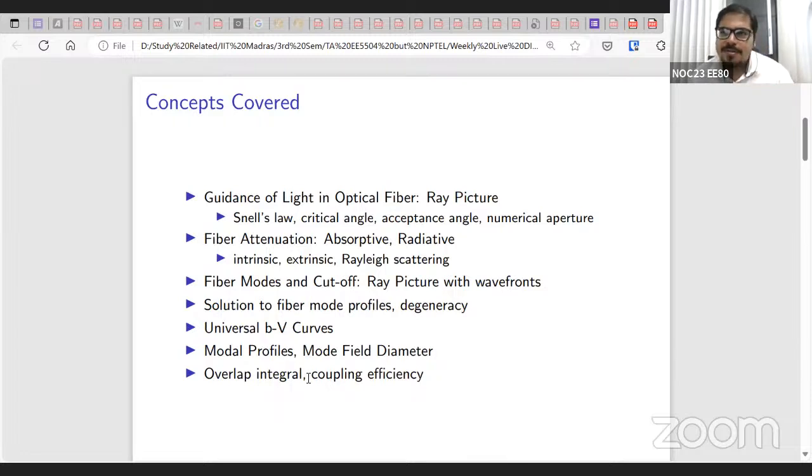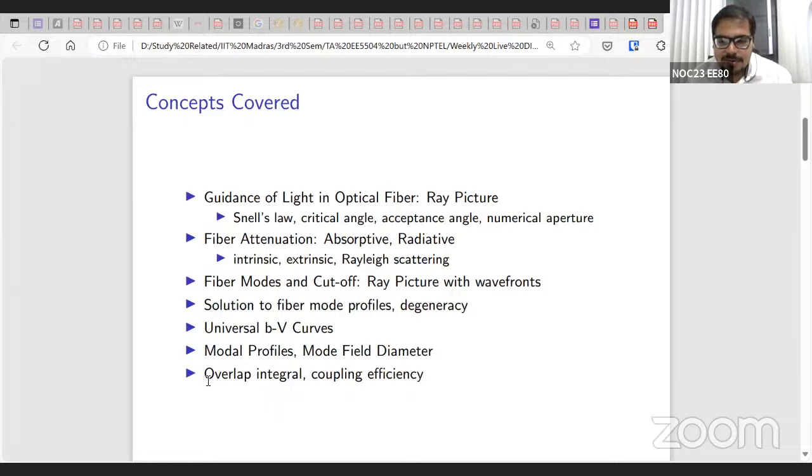There you are not manually handling this matching of the mode profile so that maximum power can be coupled, but it will become a concern if, as in the examples given in class, the mode profiles are not matching, you're coupling different kinds of fibers, and so on.